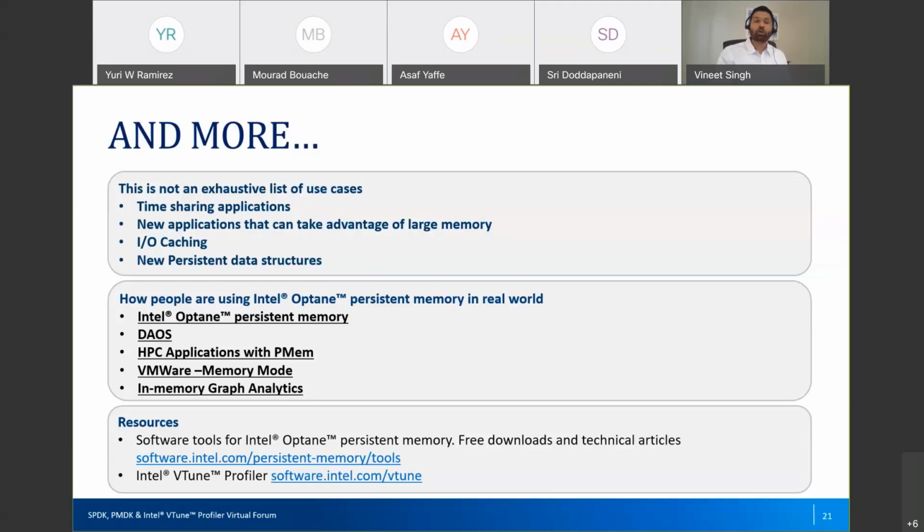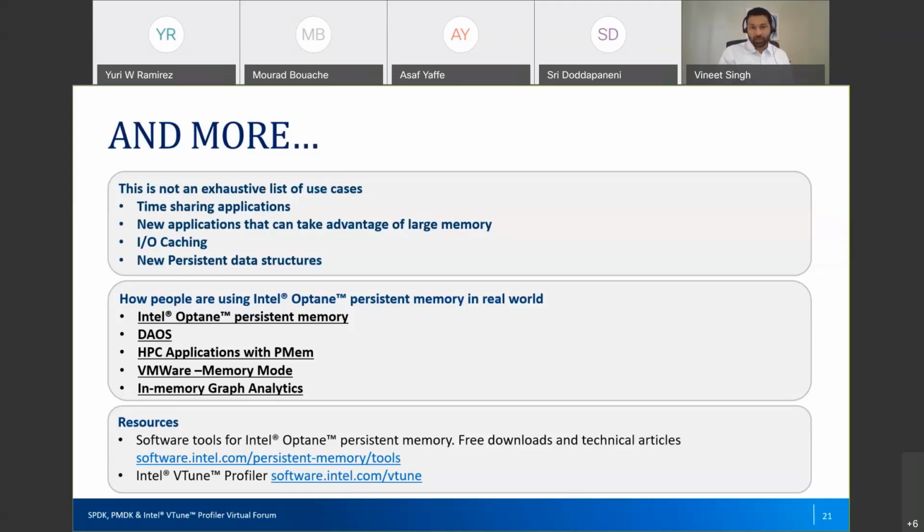If you want to know more about how people are using persistent memory in the real world, I have provided some resources here. You can go to the Intel Optane persistent memory page. There you will find a bunch of examples of how people are using it. DAOS is a storage engine which makes your storage faster.